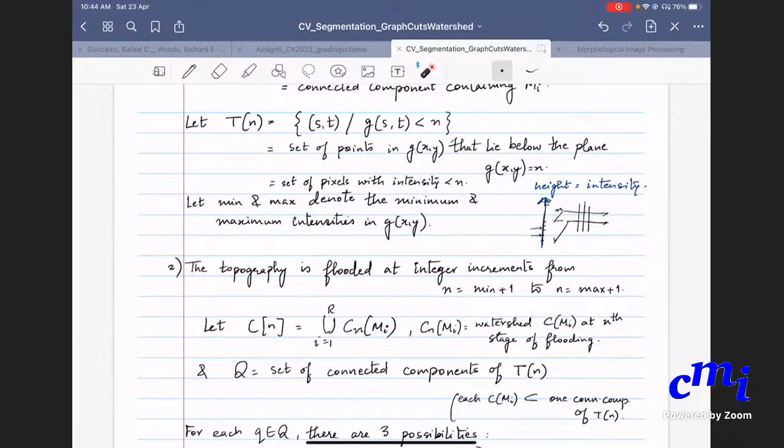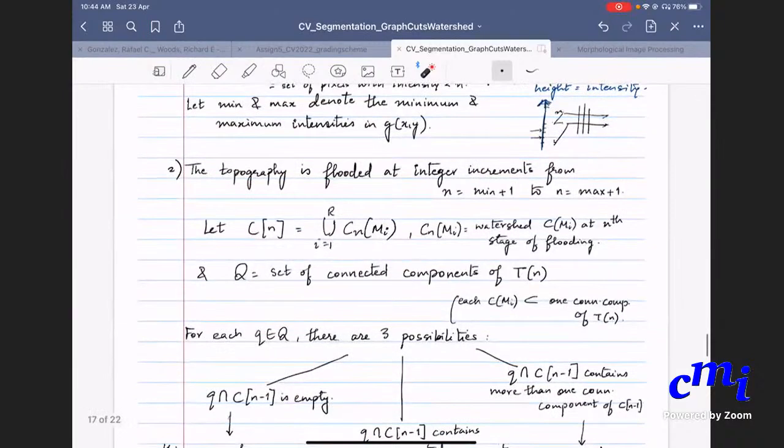Level by level the flooding is done, and at each point one takes a view of what the connected components are, whether there are any new components or watershed areas coming into the picture, and whether there are any watershed areas that are merging. So at every level of incrementing n, one will see what Cn is.